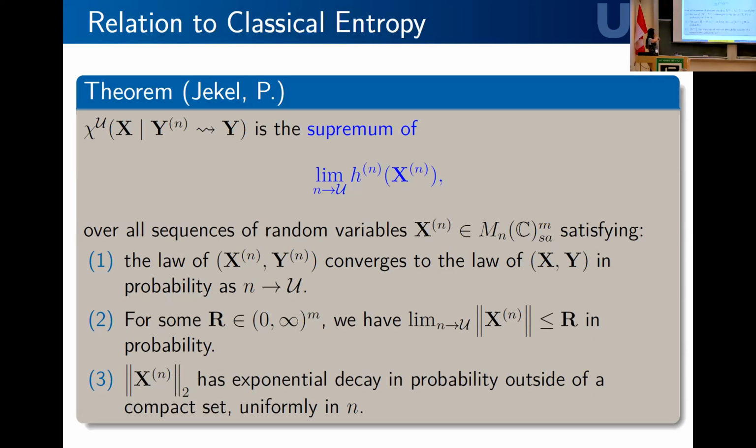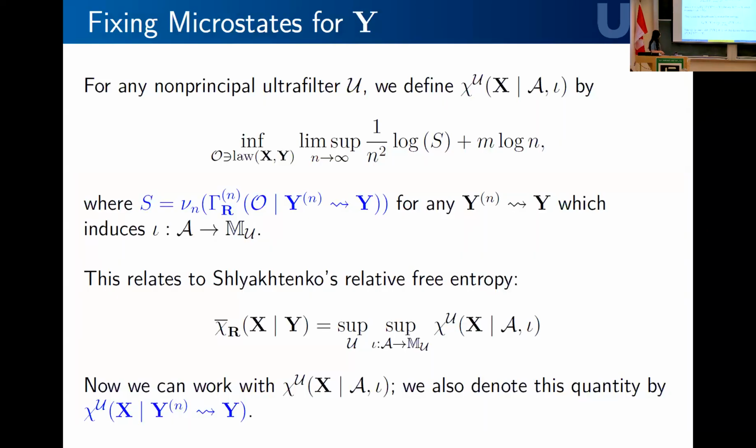I promised that the proof went through some relationship to classical entropic quantities. There will be 2 theorems that relate the microstates free entropy with the classical one and the non-microstates free entropy. A is separable.